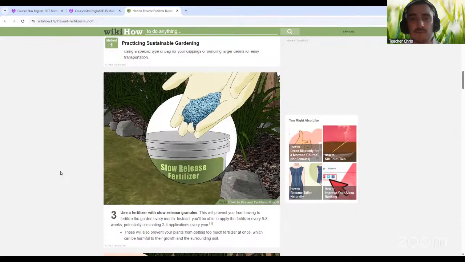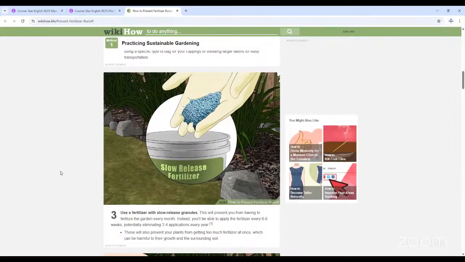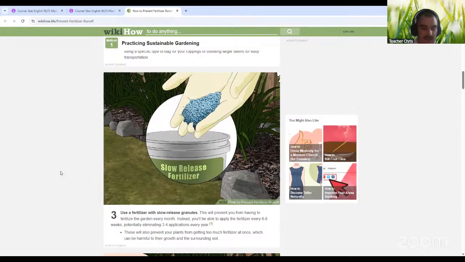So if we were to just use organic waste like leftover food, banana peels, eggshells, coffee grounds, yard trimmings, those kinds of things, then that is the original type of fertilizer that people have used for centuries. And it releases the chemicals slowly because it slowly decays. As long as it's got oxygen around it, it will decay into useful chemicals that can be used.